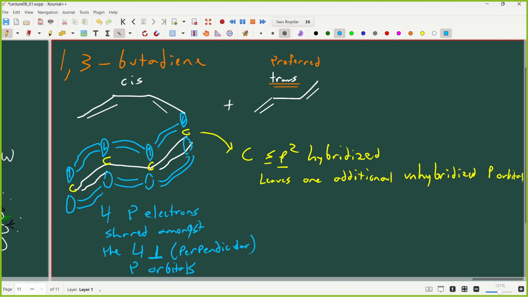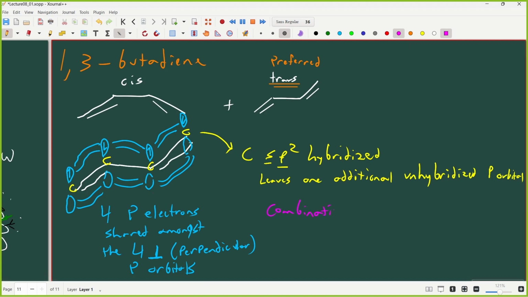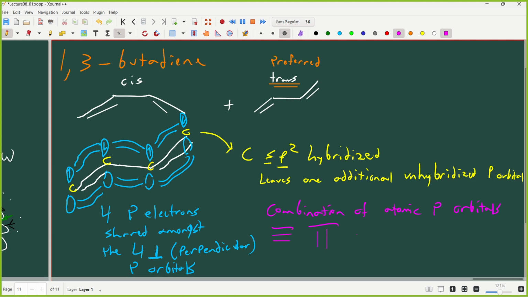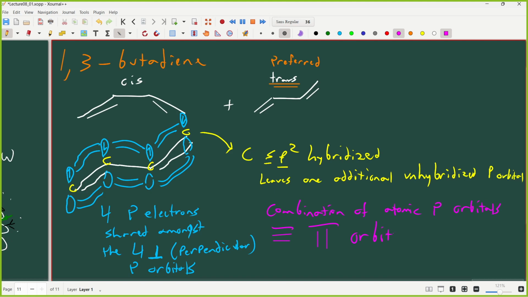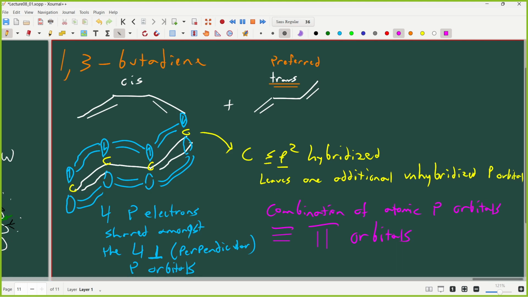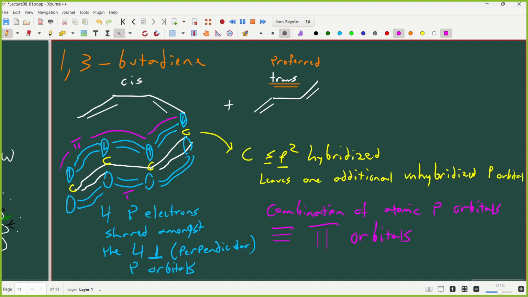And you form these combinations, combinations of atomic p orbitals. In this manner they are called pi orbitals. You might have heard that term when you did organic chemistry. There are these pi bonds, which are cylindrically symmetric combinations of bonding orbitals. This is a pi orbital of the molecule.